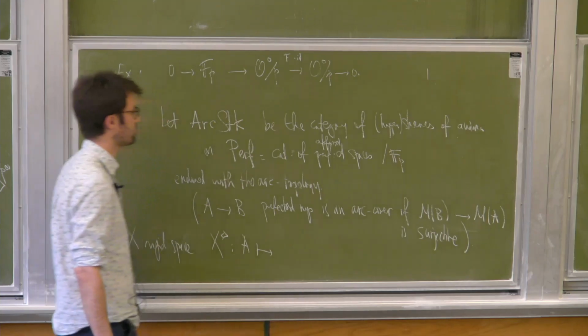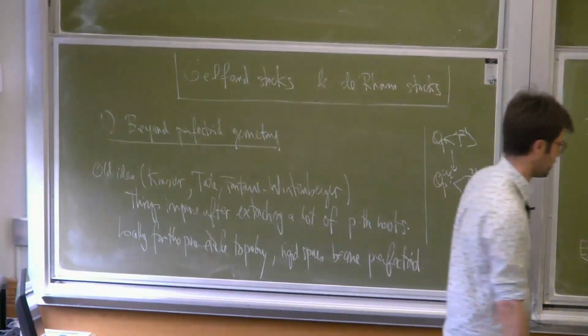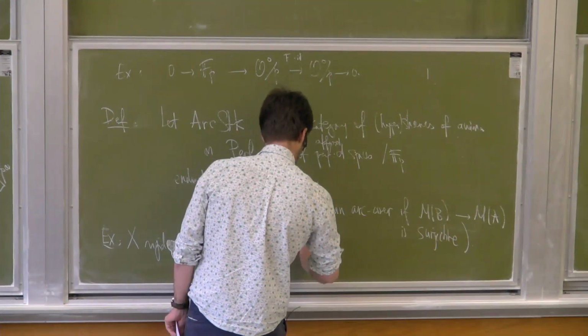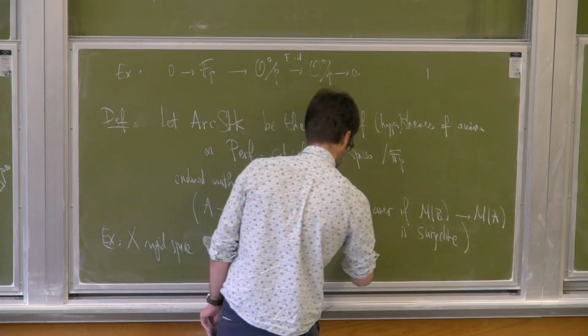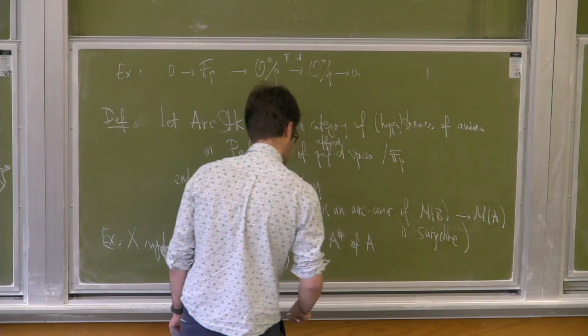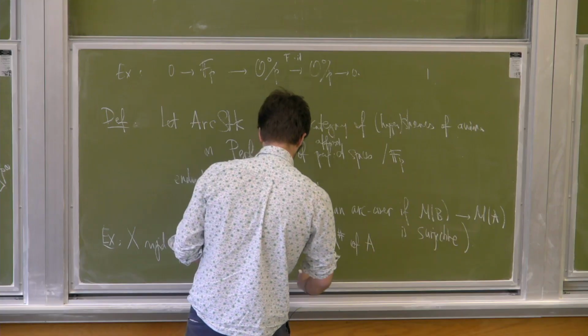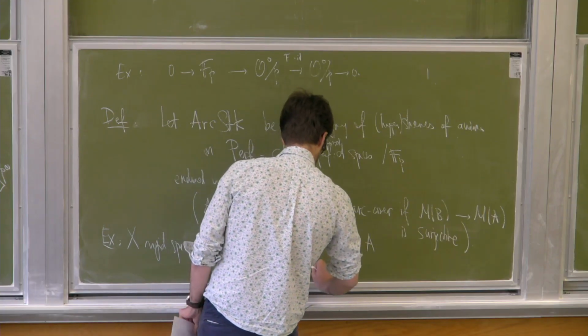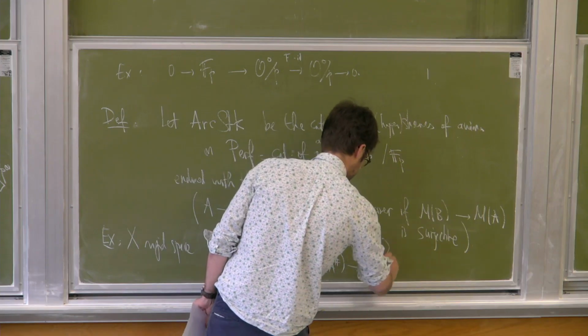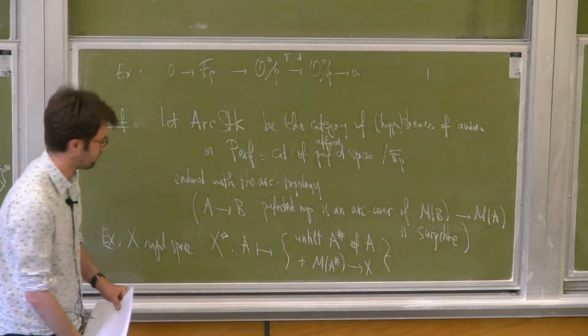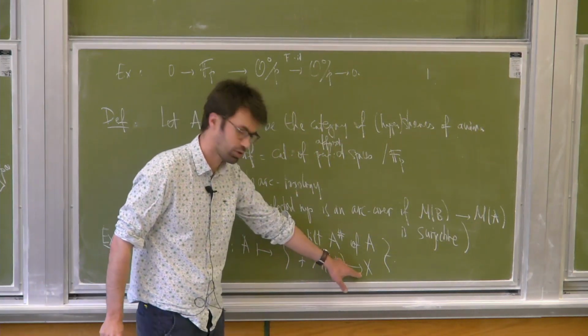That's good enough to define this category. By sending this to some untilt A sharp, plus some A sharp valued point of X.